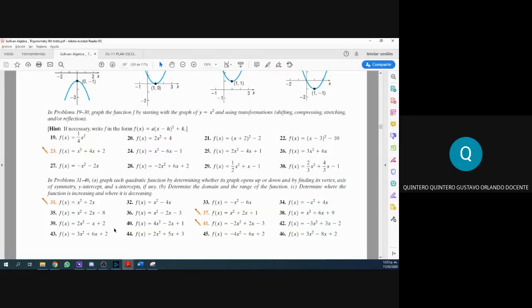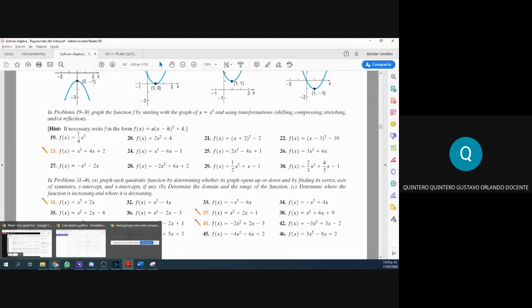In numbers 31 to 46, graph each quadratic function by determining whether its graph opens up or down and by finding its vertex, axis of symmetry, y-intercept, x-intercept, if any, right? That is part A. And part B, we need to determine the domain and range of the function. Also, question C is determine where the function is increasing and where it is decreasing. Beautiful. This is a great question.